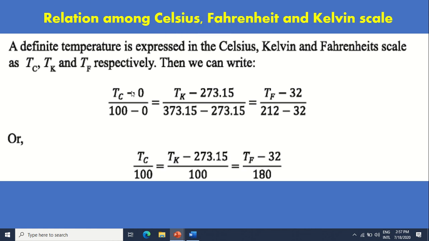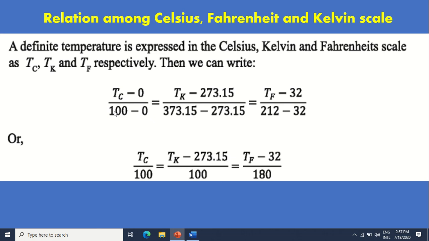So Tc minus 0, that means the temperature which you will determine minus the freezing point, that is 0 degrees Celsius in the centigrade scale. Here Tk minus 273.15, the freezing point in the Kelvin scale. Tf minus 32, the freezing point in the Fahrenheit scale. And divide all these by the fundamental difference.